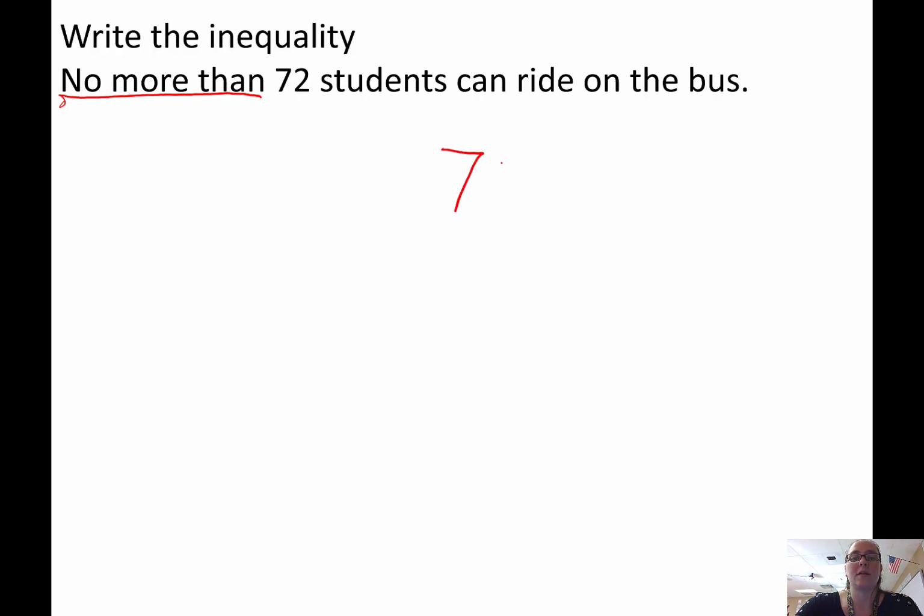So 72 is the number of students I can have on the bus, and that is the max number I can have. So it is going to be equal to, meaning nothing can be bigger than that. So S is less than or equal to 72, because I can't have any more than 72 on the bus.